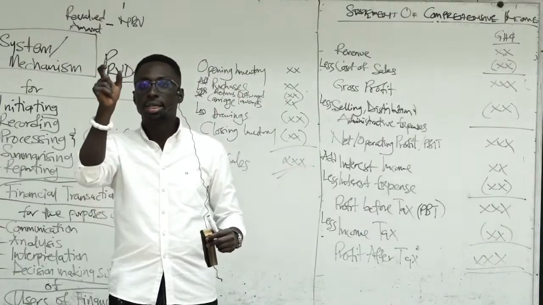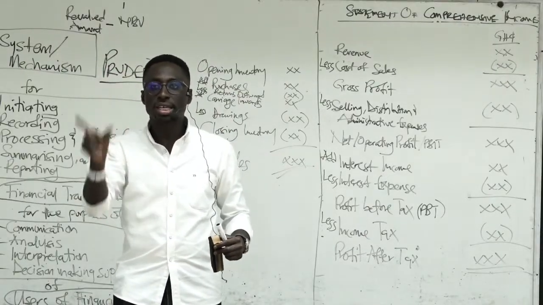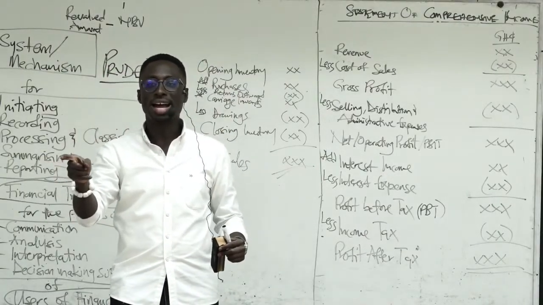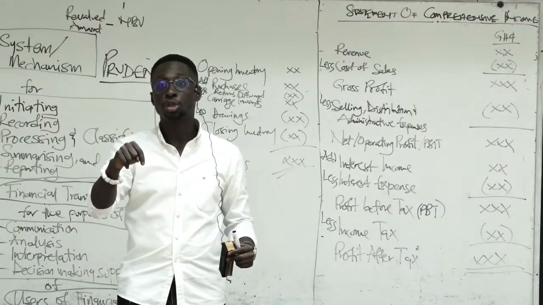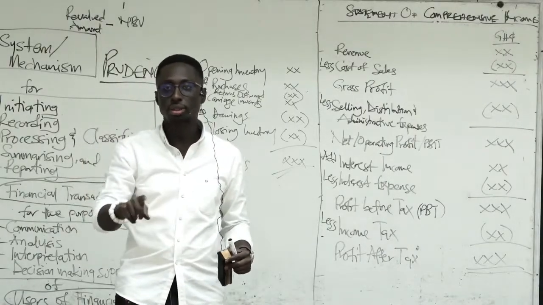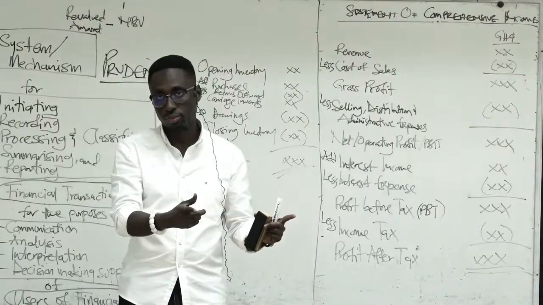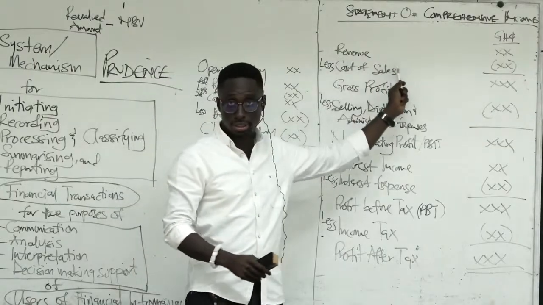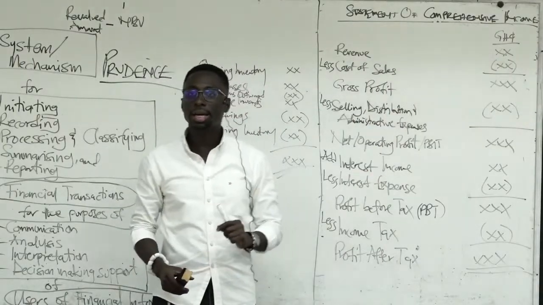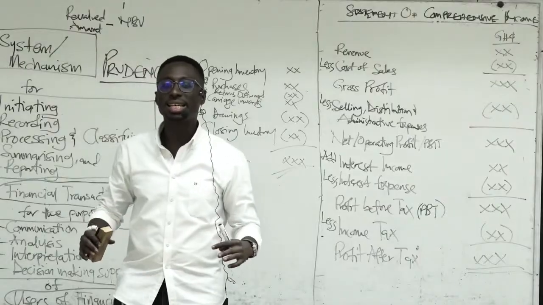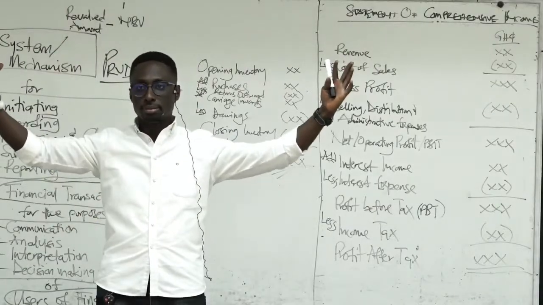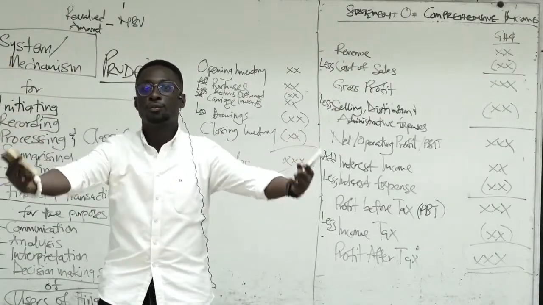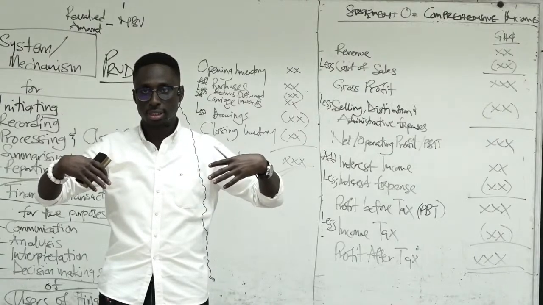But then, specific to incomes that arise from your core business operation, we call it revenue. And that's why we have this. So what that means is income is the umbrella name for all flows into the business.